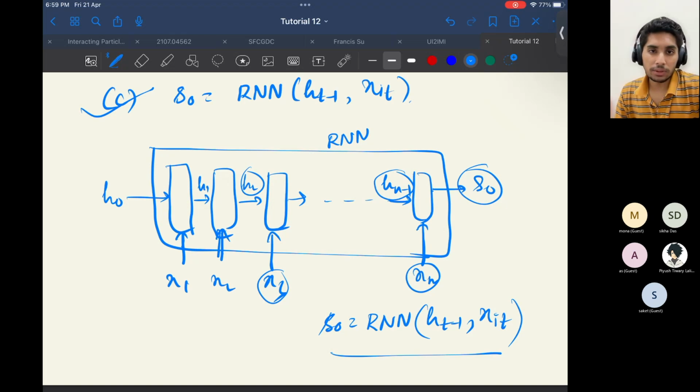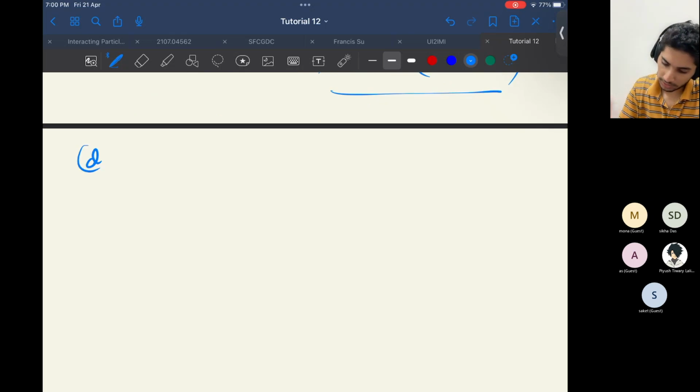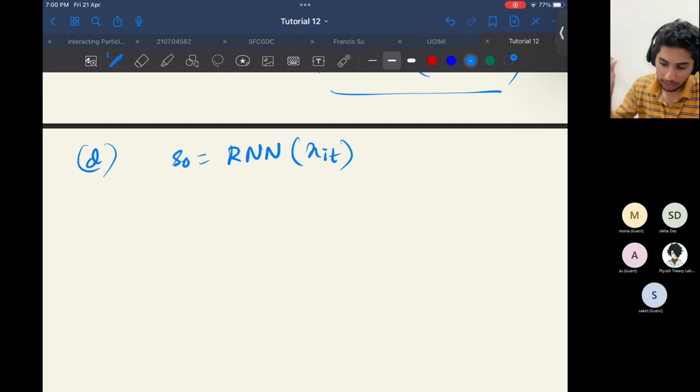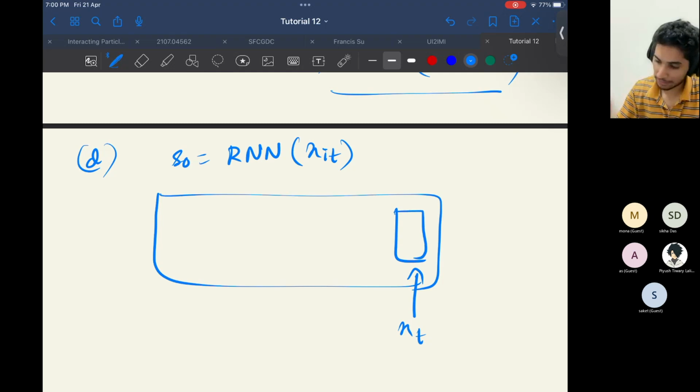And the fourth option is again just taking the input as input. So if you look at the D option, it is saying that S naught is nothing but RNN of x i t, right? So by this logic, what it is saying is that you have an entire encoder, however only the last time step is taken as input, and it gives S naught.